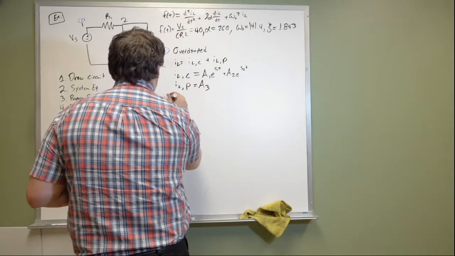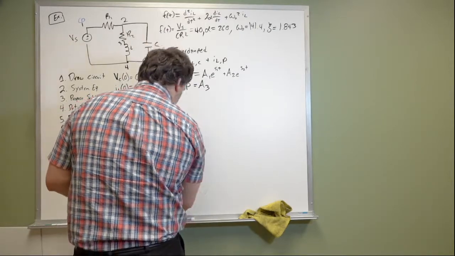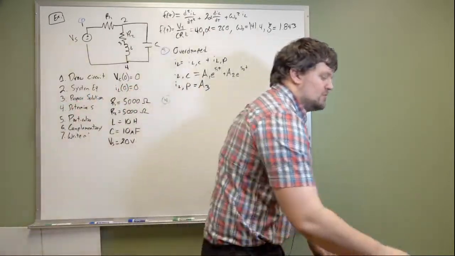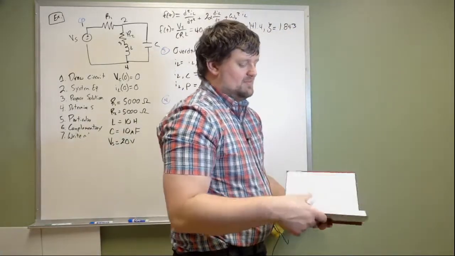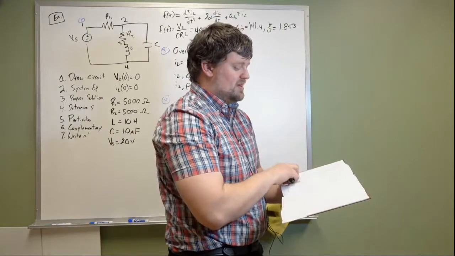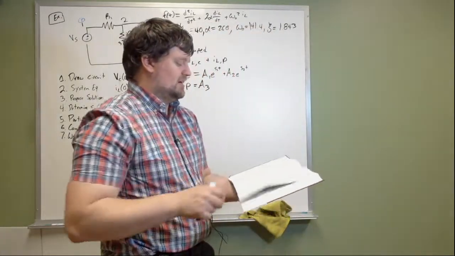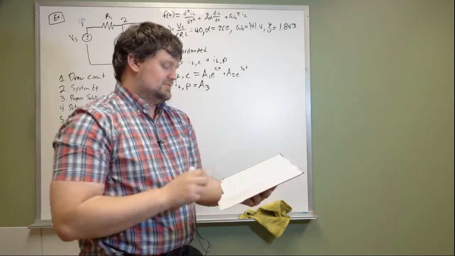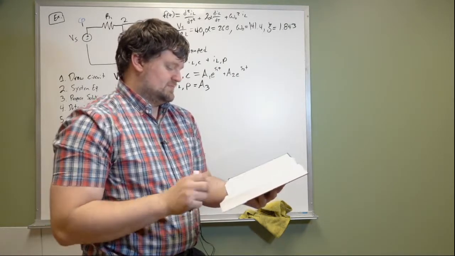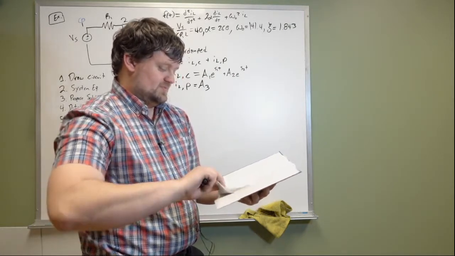And you'll notice this also becomes easy because we have an equation for this in the book in terms of alpha and omega naught. Let me grab that equation real quick. The whole reason why we did all that work to establish alpha and omega naught is to make this piece a lot easier for us. It's nice because we already have the equations.